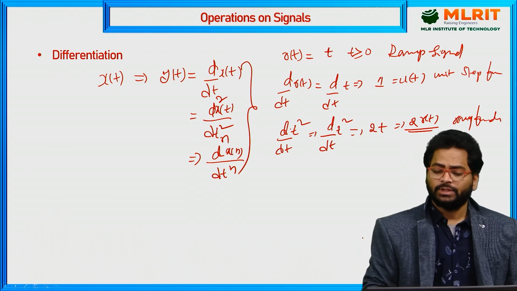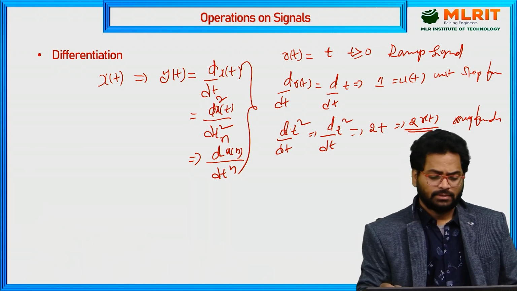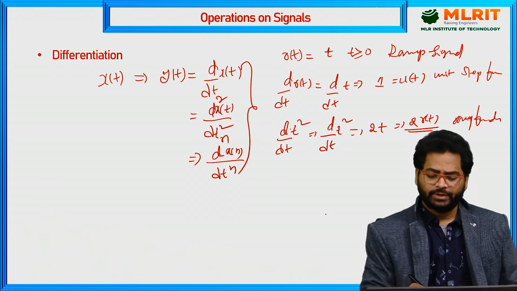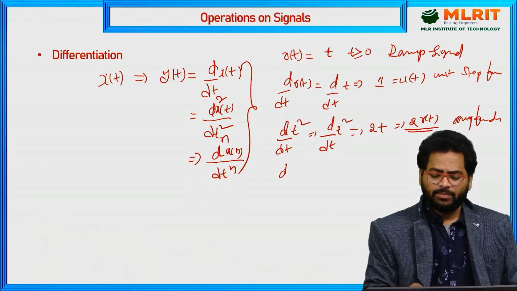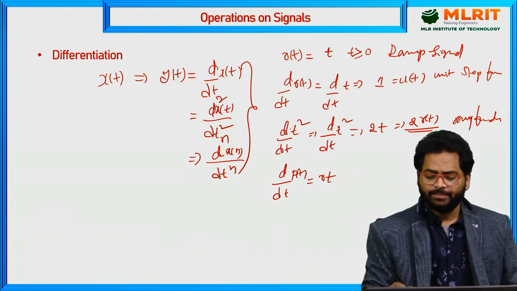So this is about the differentiation of the signals. One more thing: d by dt of the parabola p of t gives r of t.